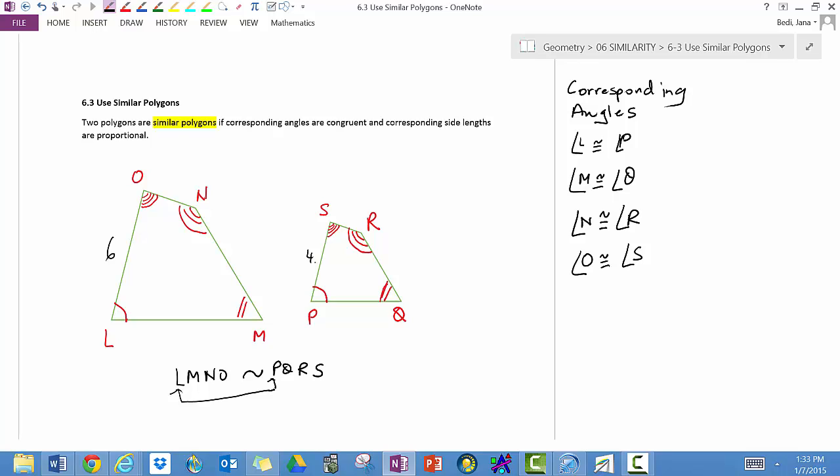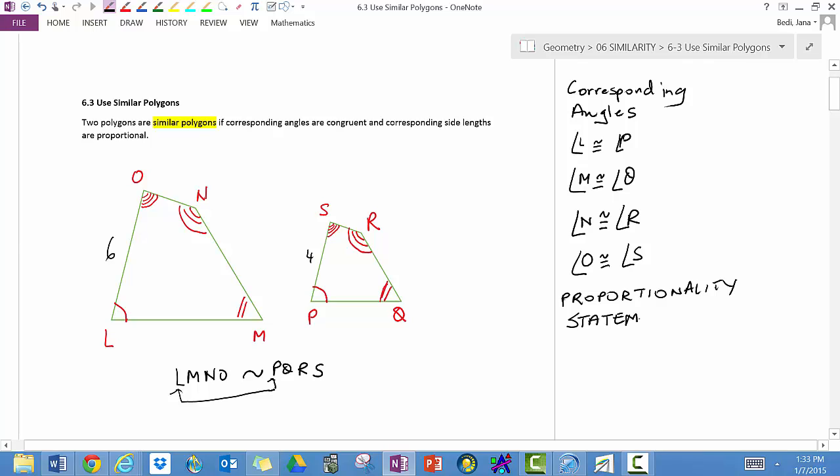When we have two similar figures, we can write something called a proportionality statement. And a proportionality statement is simply, let's write that down, proportionality statement. And it's simply stating the ratio of two corresponding sides.